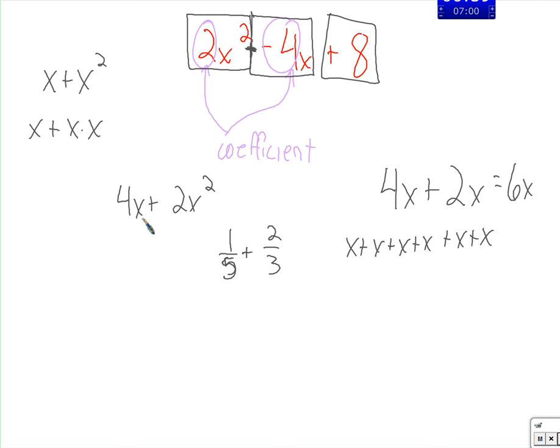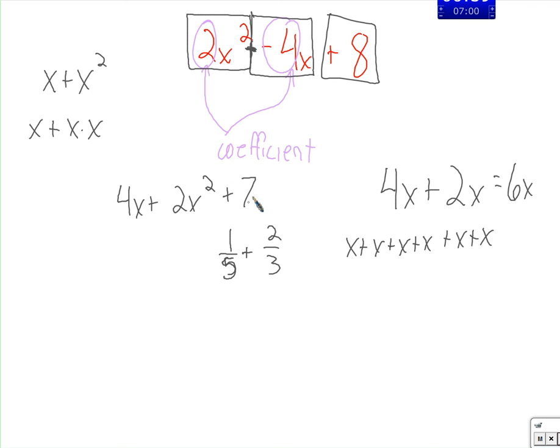If this is a meter, this is meter squared. Is a meter the same thing as a square meter? No. I can't take one meter stick and add it to a square meter and get 2. It just does not translate. So they are completely different worlds. You cannot add them together. They're not what we now call like terms. They're not like terms because they're a different kind of thing.